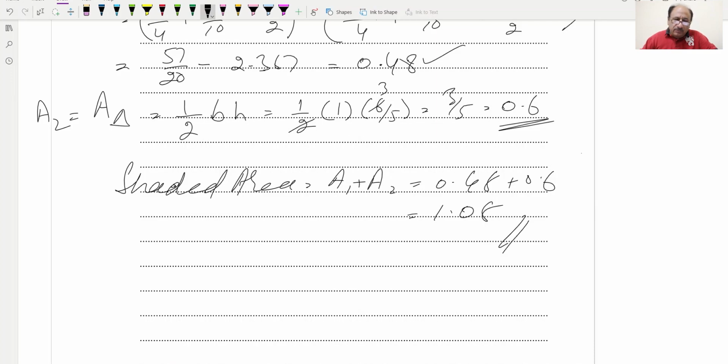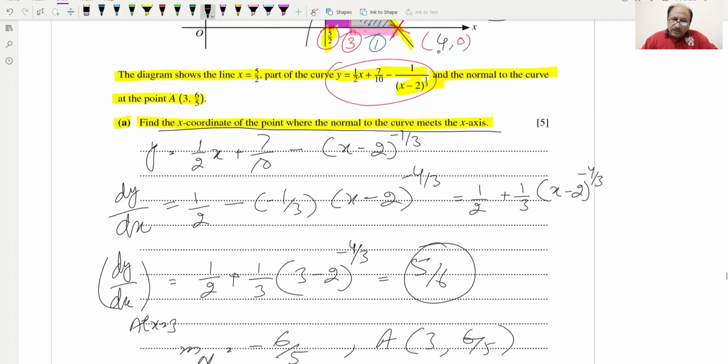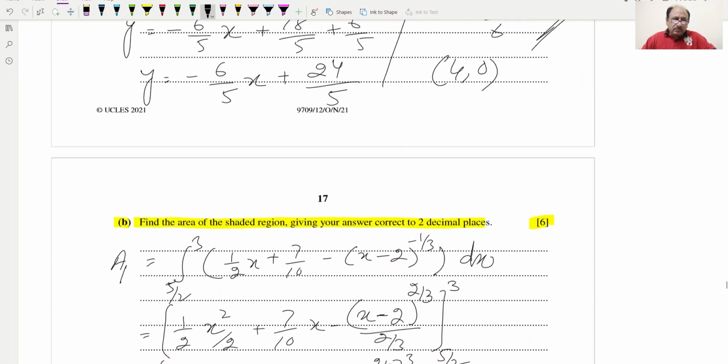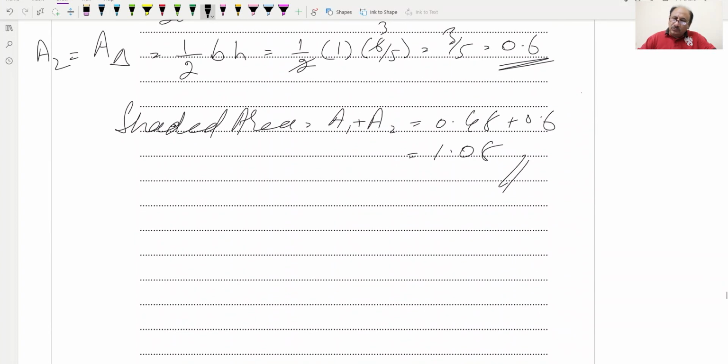Units are not mentioned, so we can just say square units.